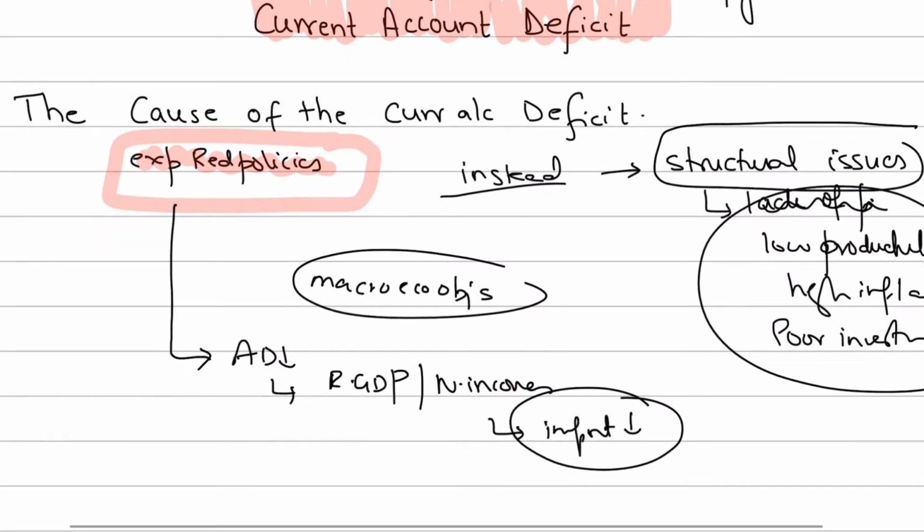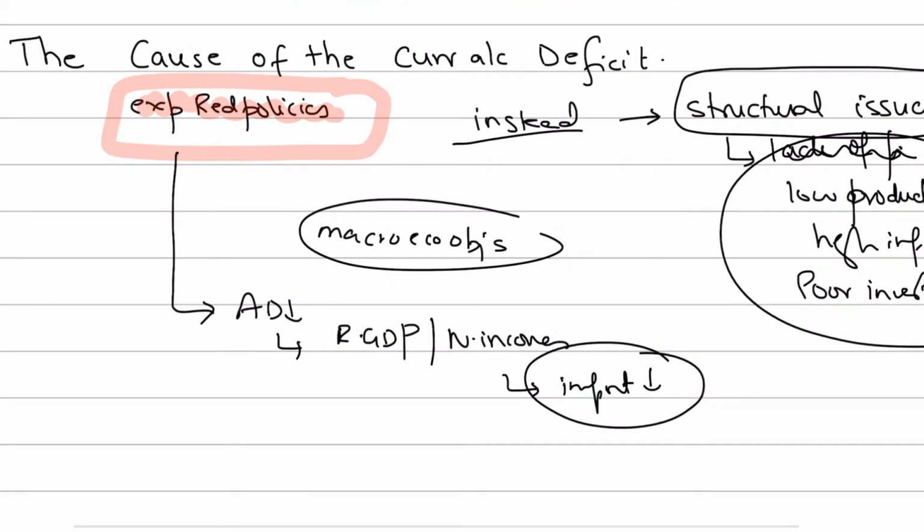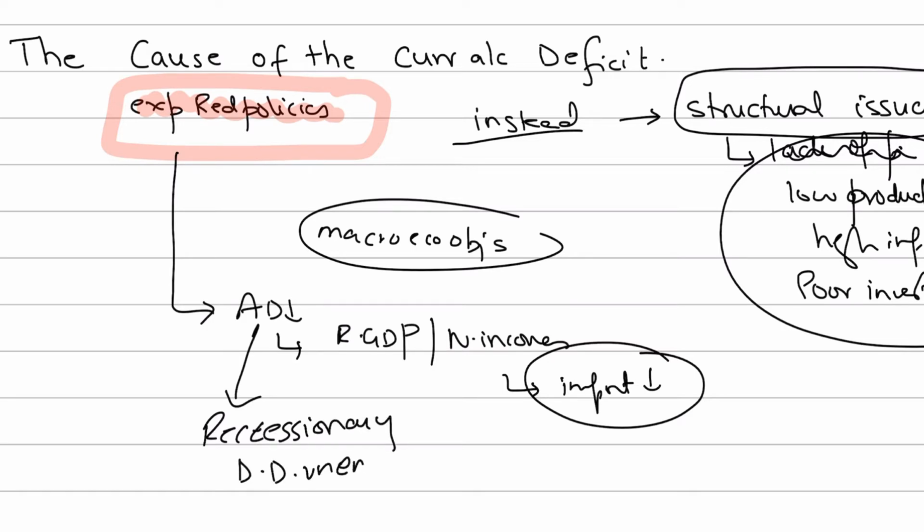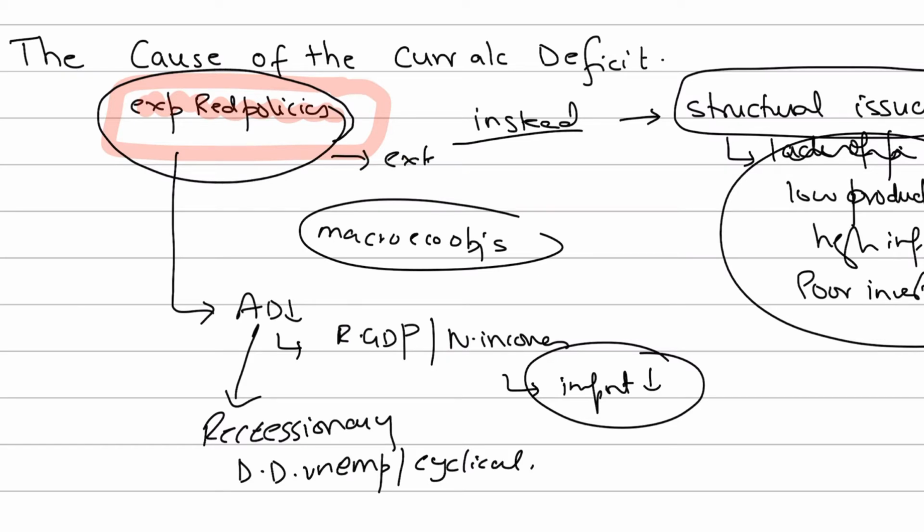So if you implement expenditure reducing policies to reduce the imports via a reduction in your aggregate demand, this would have a recessionary impact, right? And it would result in demand deficient unemployment, or you can say cyclical unemployment. The extent of these expenditure reducing policies would determine the extent of the recessionary effect.